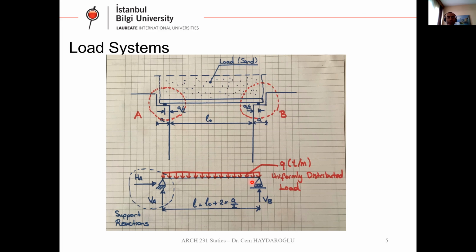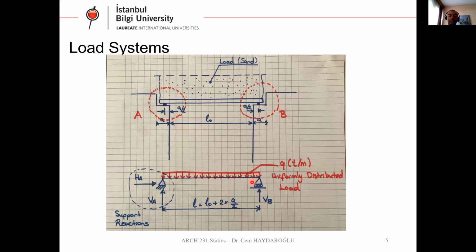So at each point, we have the same soil load. So it's like a distributed load, because if we have the same loading at each point of a beam, that means we have a uniform distributed load.